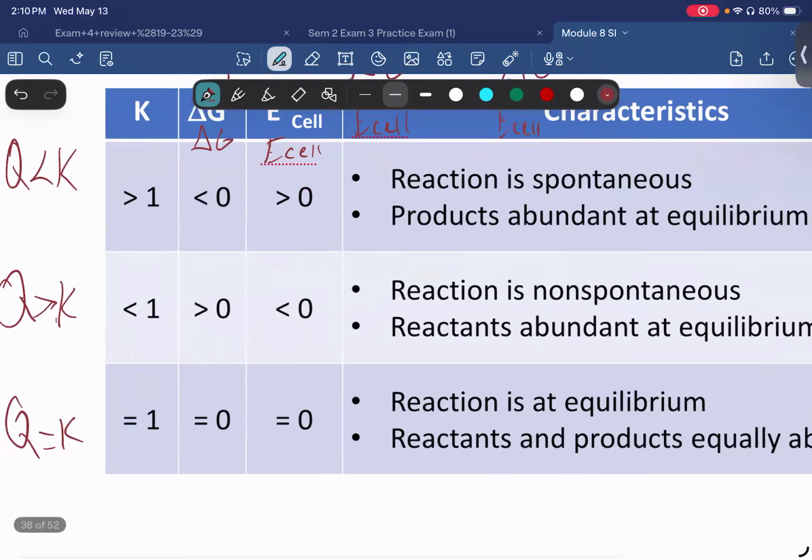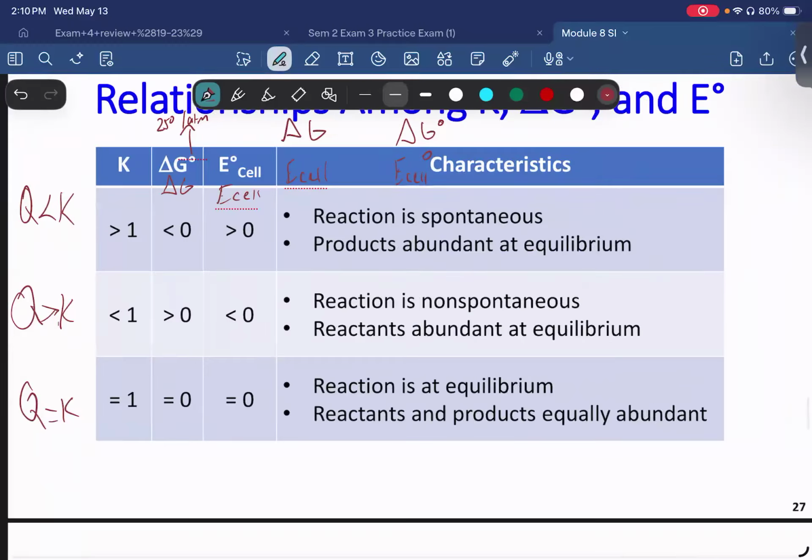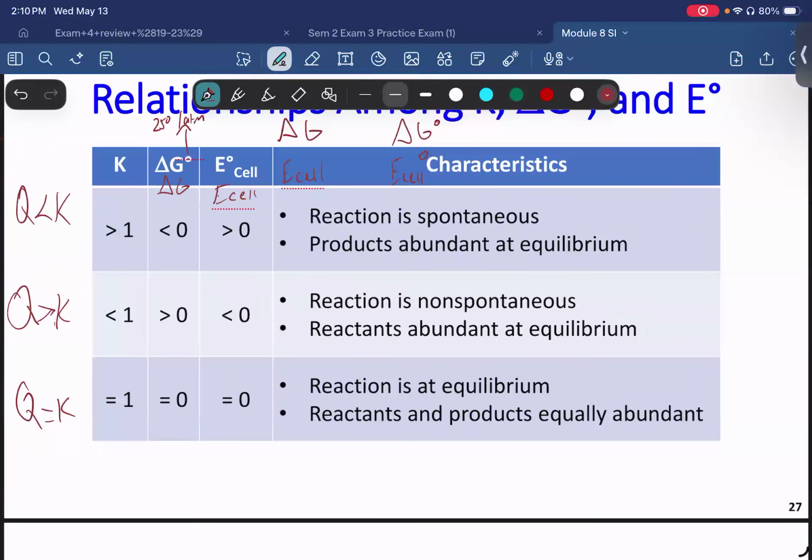Okay, so I just wanted to clarify this because I don't think this chart is correct in the way it's illustrating these points about spontaneity and equilibrium. Does anyone have any questions about this? Okay. All right.